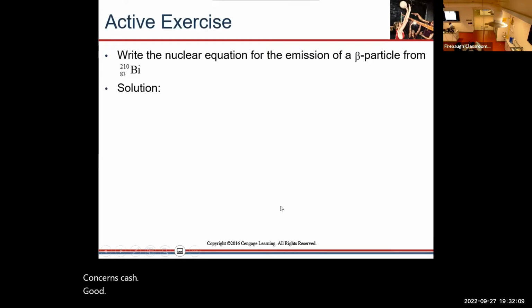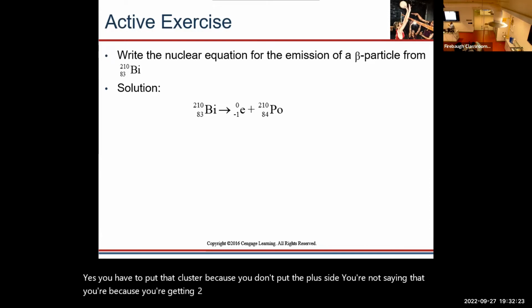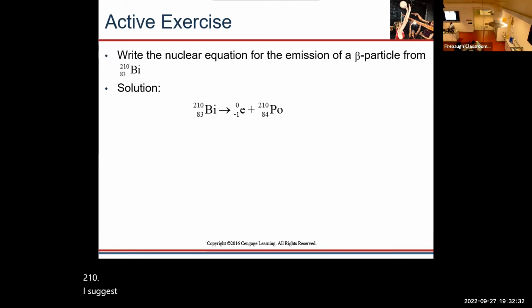Wait, so do you have to put that plus sign there? Yes, you have to put that plus sign on, because if you don't put the plus sign, you're not saying that you have a beta particle and you have a 1 here. I see. So both of those exist.